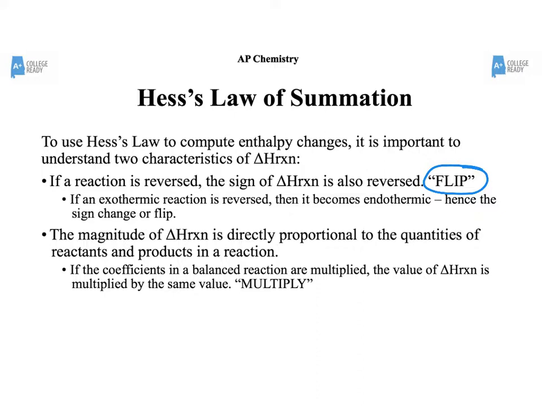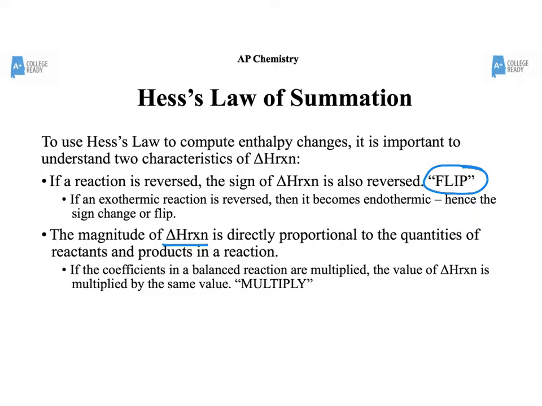The second thing that you might have to do is change the coefficients. So the magnitude of the enthalpy of the reaction is directly proportional to the quantities of the reactants and products, and we talked about that earlier. So however you change the coefficients, the same thing has to happen to the enthalpy.